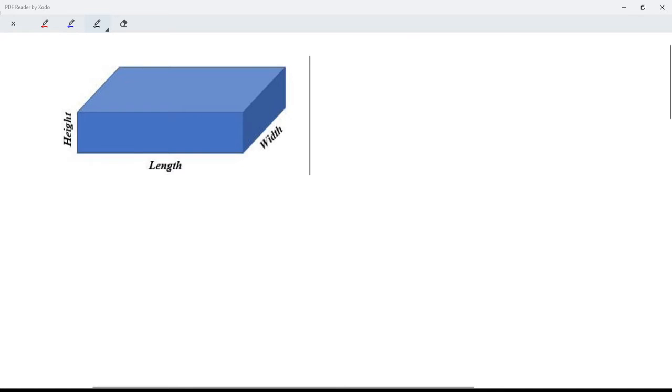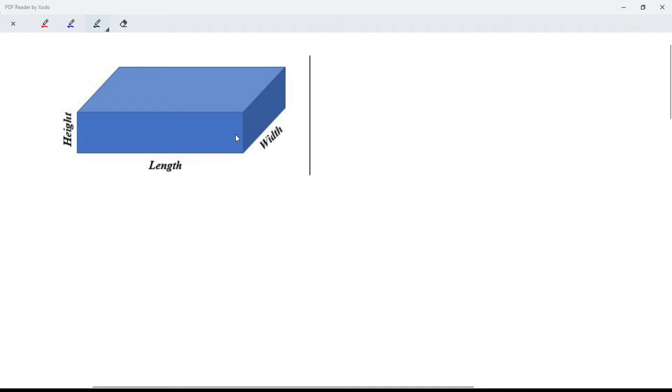All right. Today we are going to talk about the volume of a rectangular prism. Remember, this is the same as a cube. Volume is basically the amount of three-dimensional space that a 3D shape takes up, right?